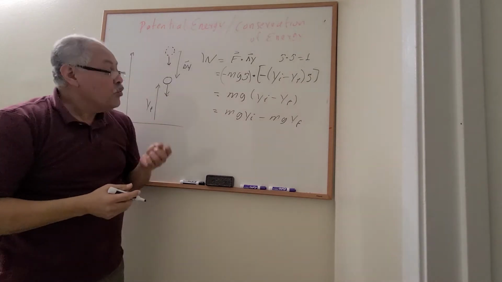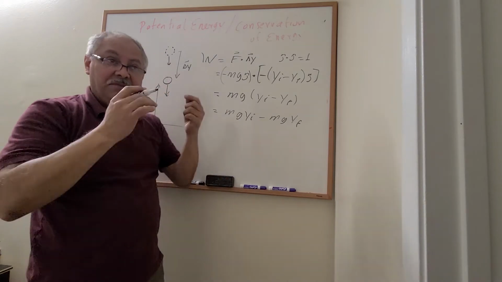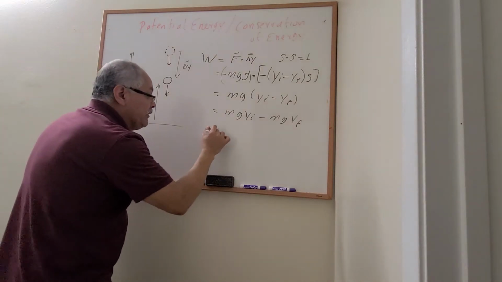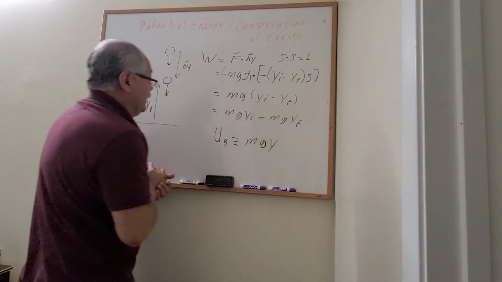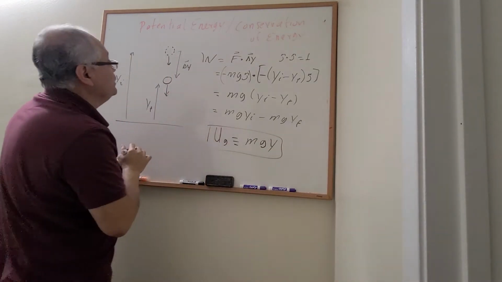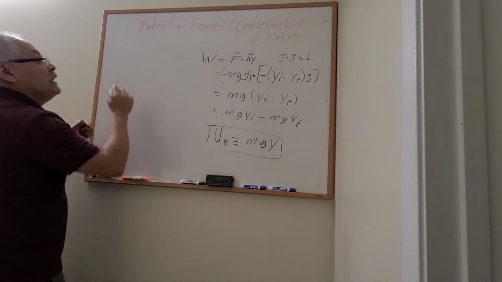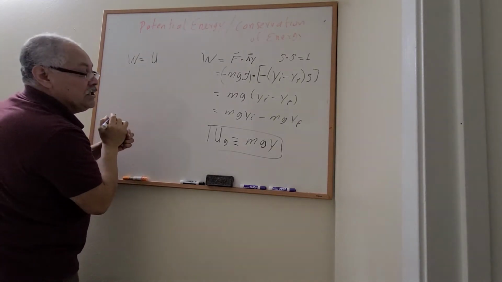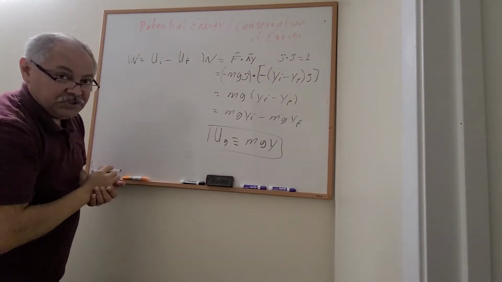Remember, every time we have a quantity multiplied by another quantity, we create a new quantity and we have to define it. Let's define this quantity as the gravitational potential energy. So gravitational potential energy is defined as mgy. Got it? When we use this definition on the previous equation, we have that work is equal to the gravitational potential energy at the beginning minus the final gravitational potential energy.